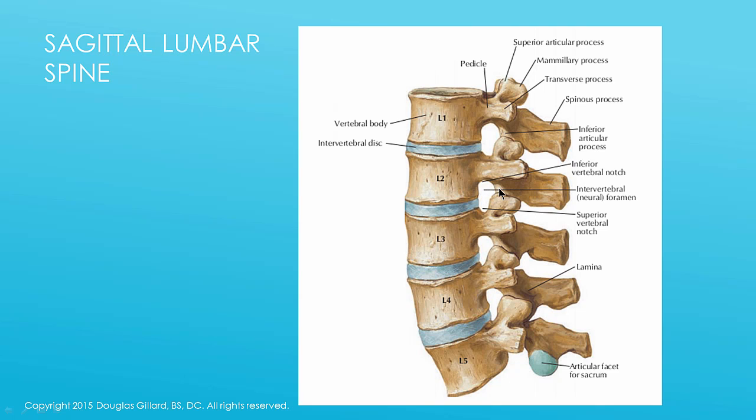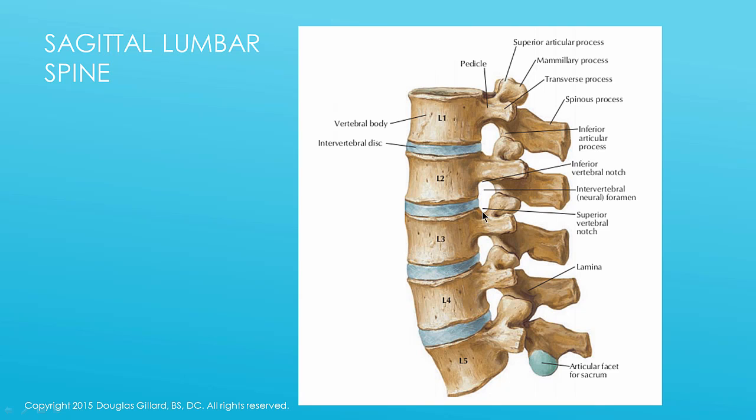Intervertebral foramen. This is interesting too. This L2 vertebral body from the side, or vertebra from the side, vertebra is singular, vertebrae is plural. This is called the inferior vertebral notch. This is called the superior vertebral notch, even though it's on the bottom, on the inferior part of the IVF, or the neuroforamina.